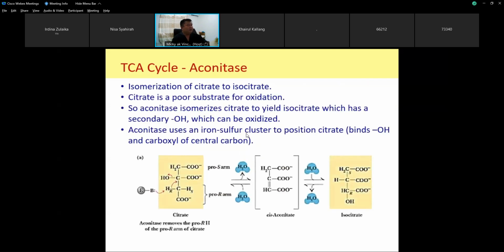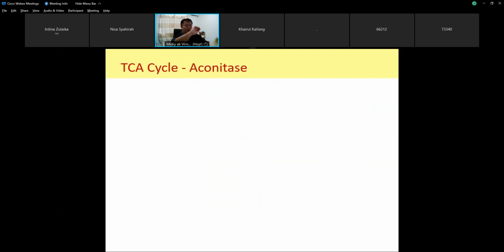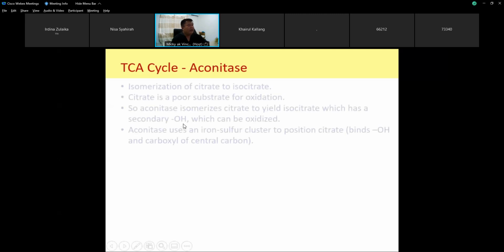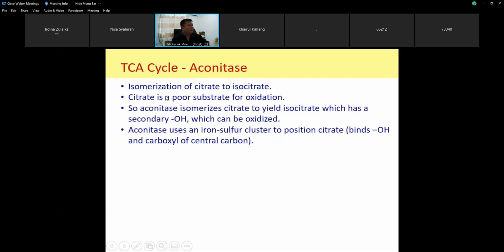Right. So after citrate, before the formation of isocitrate, for your level we add one more. We add one metabolite which is produced by aconitase. So this is between the isomerization of citrate to isocitrate.